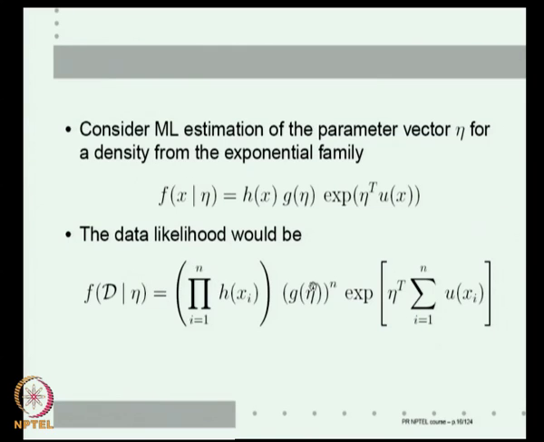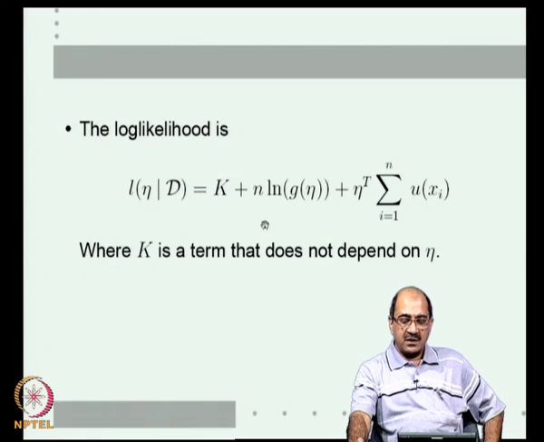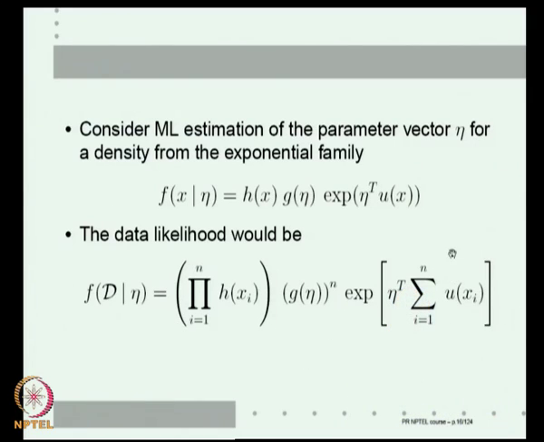Now, if I take the log likelihood, I get my log likelihood for eta as log of this plus n log of this plus eta transpose u x I. Now, this is a term that does not depend on eta, and because we want to maximize the log likelihood with respect to eta, any term that does not depend on eta is of no consequence to us.